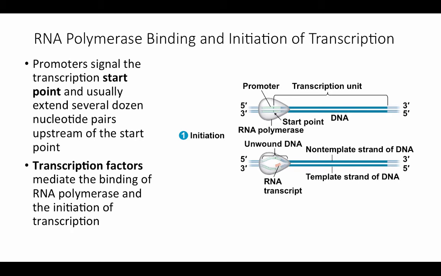And in eukaryotes, proteins called transcription factors are going to mediate the binding of RNA polymerase and the initiation of transcription. So here we see the RNA polymerase binding, unwinding the DNA to begin transcription at the start point a little bit downstream from the promoter.